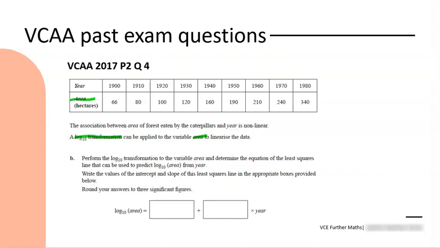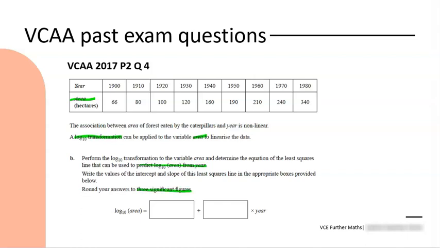Perform the log transformation to the variable area and determine the equation of the least squares line that can be used to predict area from year. There they're giving you a hint of what is the EV and what is the RV. Write the values of the intercept and slope of the least squares line in the appropriate boxes provided below. Round your answers to 3 significant figures.